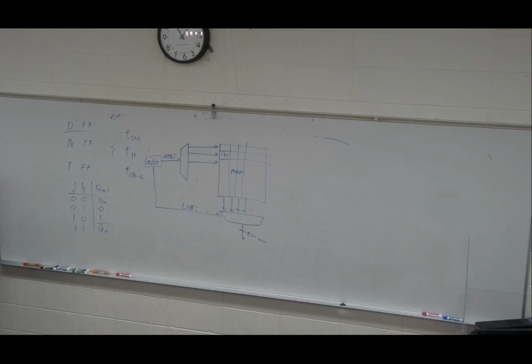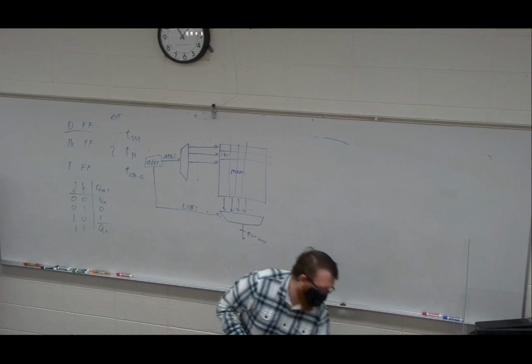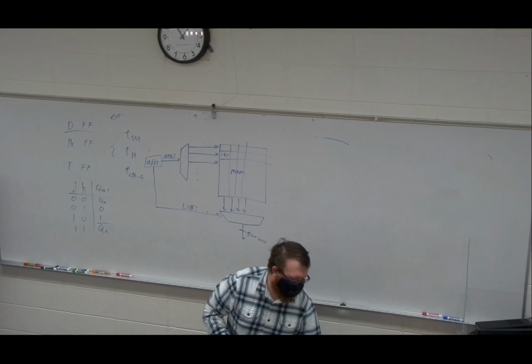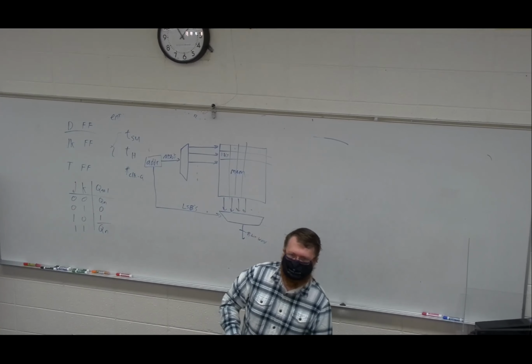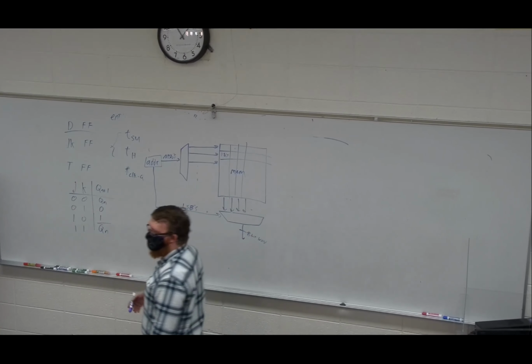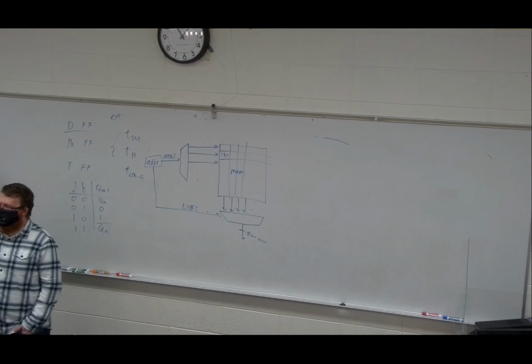So you will hear terms of, shoot, I forgot the exact one. It's byte and word addressable. Byte addressable and word addressable. Now, byte addressable means that you can access any byte within the memory.